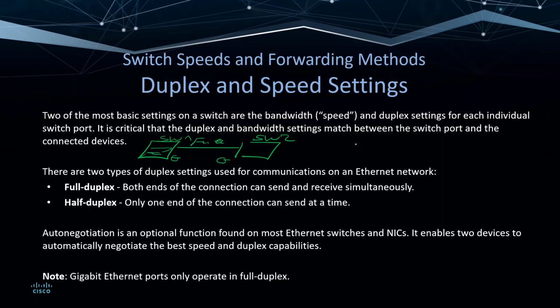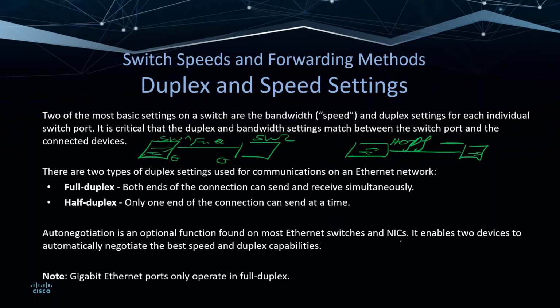If you have a switch that can operate at full duplex on one side, and you connect an old PC or old device that can only operate at half duplex, then you need to configure half duplex here and half duplex on this side so as not to cause any collision.